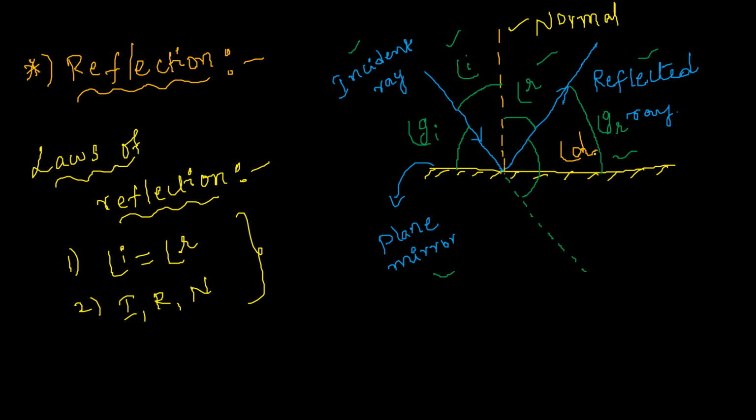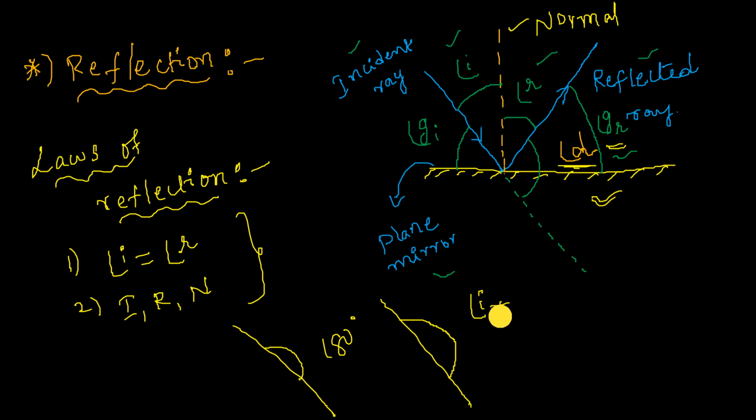Now we'll talk about the angle of deviation. How do we take this angle of deviation? Normally it is a linear angle, that is 180 degrees. The angle of incidence, angle of reflection, and angle of deviation are all on the line. If you add these three angles, angle of incidence plus angle of reflection plus angle of deviation, you get 180 degrees.